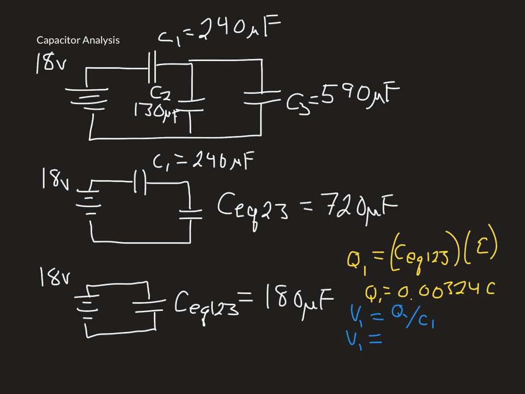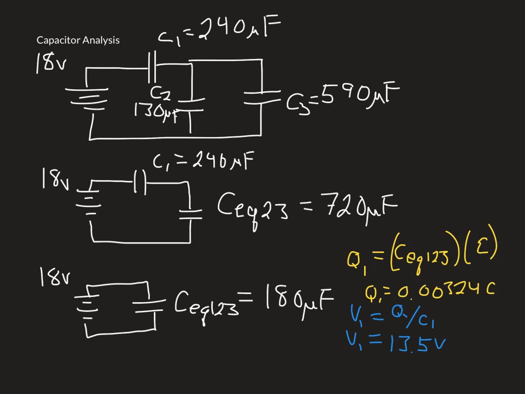So go ahead and calculate that. I get that the potential difference across this capacitor should be 13.5 volts. Again, I am keeping some extra sig figs here, partly because I want to check my answers at the end, and it'll come out better if I keep the sig figs.